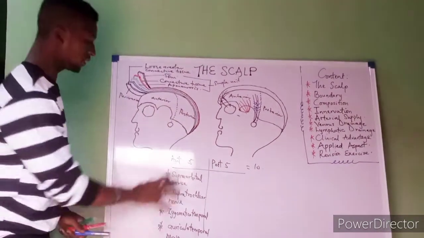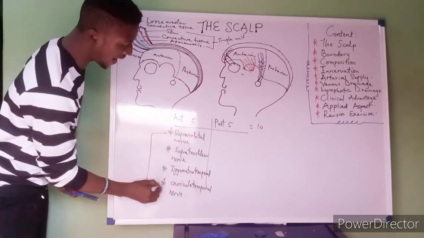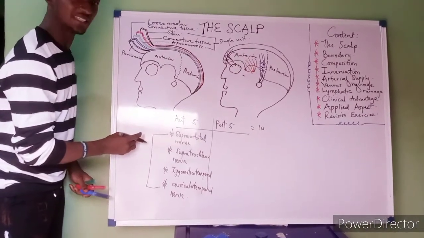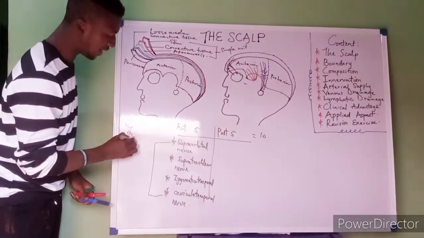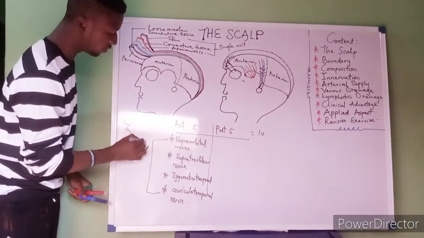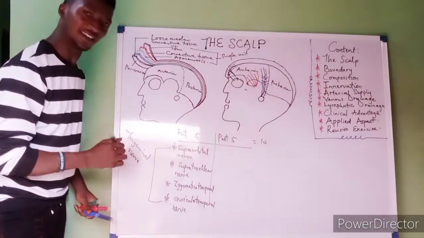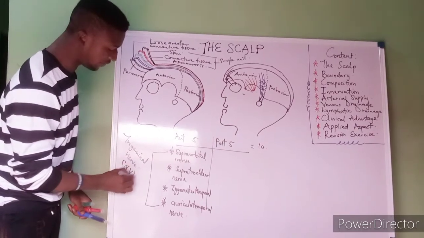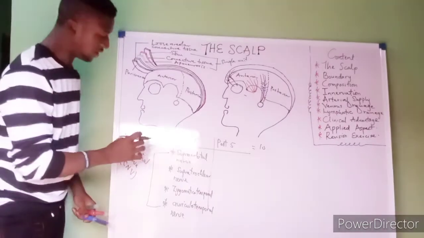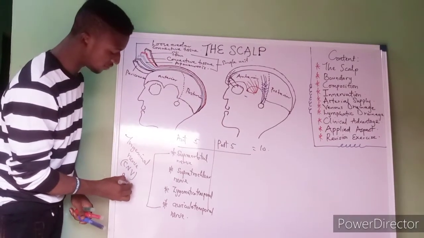Now, these are the 4 nerves. All these 4 nerves are branches of the trigeminal nerve, which is a cranial nerve. That's the 5th cranial nerve. The trigeminal nerve as a whole is sensory.